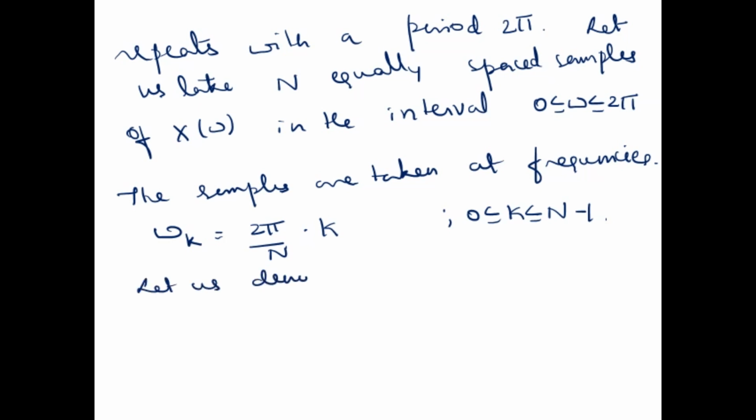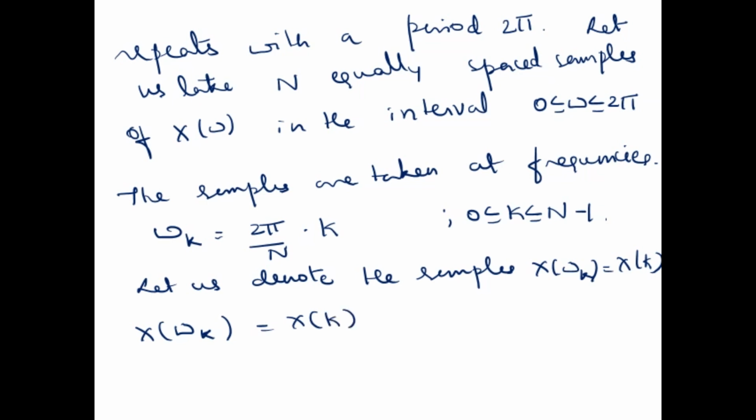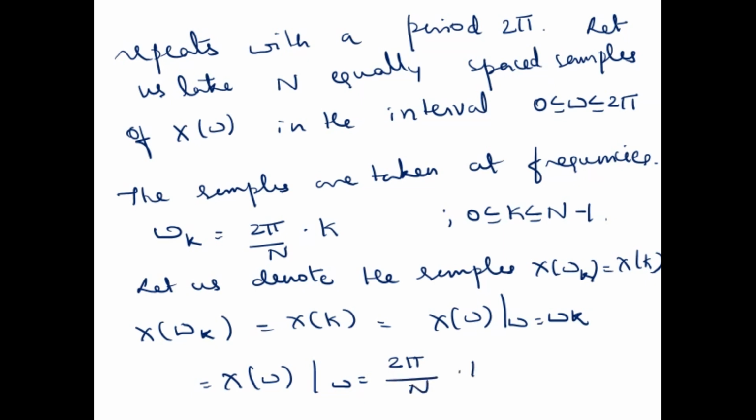Let us denote the samples X of omega k as X of k, and we have X of omega k is equal to X of k, which is equal to X of omega at omega is equal to omega k, or 2 pi by N into k, where k varies between 0 to N minus 1.